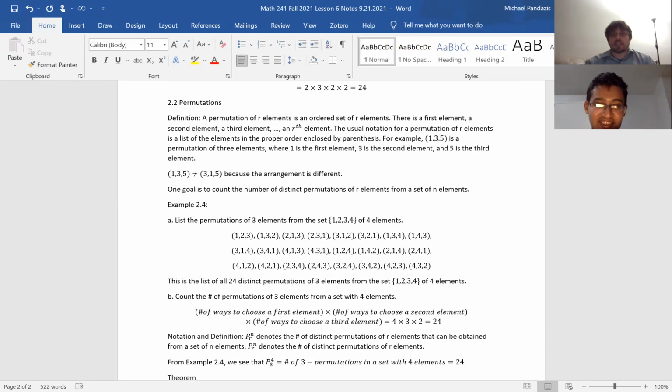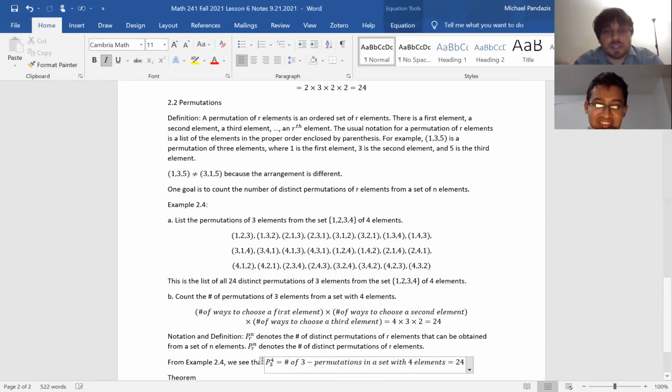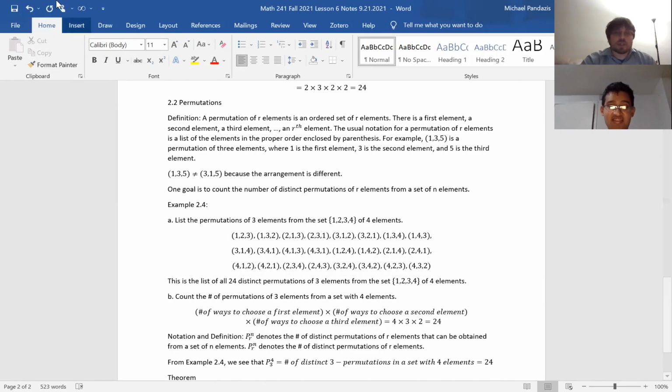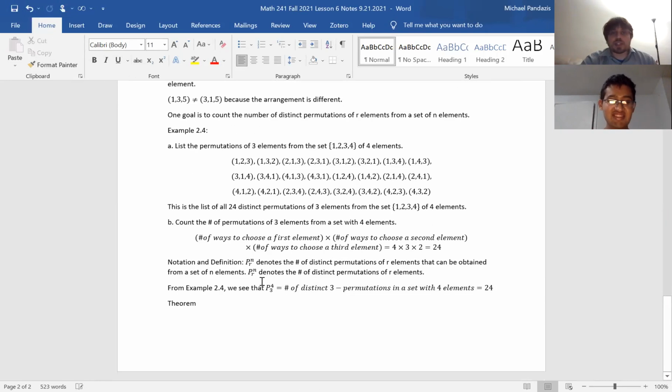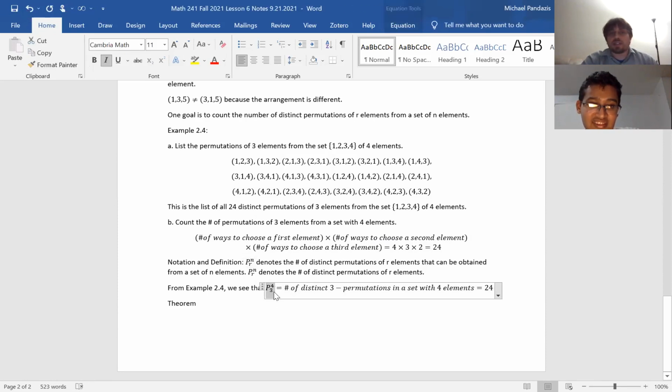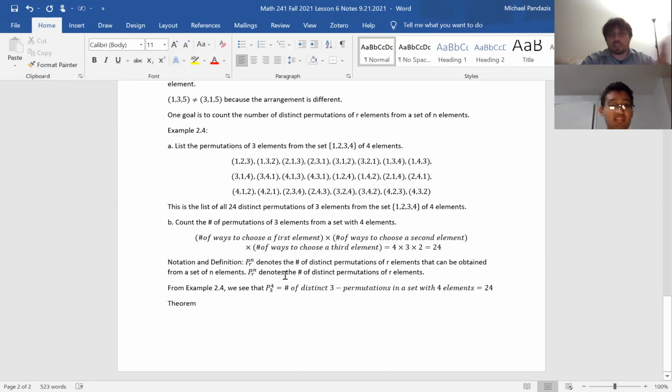Yeah. Okay, good. So P(3, 4) is the number of distinct 3-permutations in a set with 4 elements. And this number is always the same. If you're looking at a completely different problem, where they're talking about something completely different, but the answer is P(3, 4), that can happen. This notation is a general notation that applies to infinitely many examples.